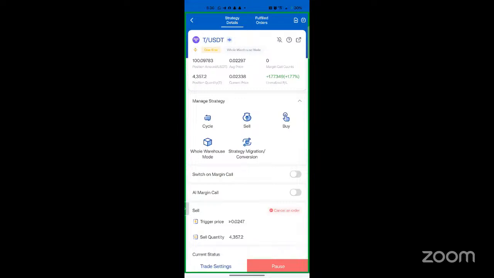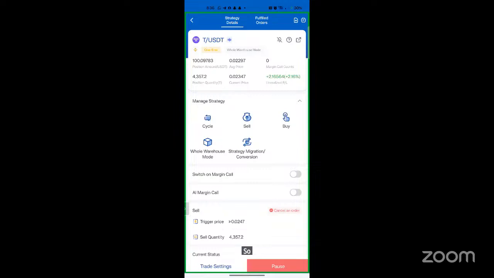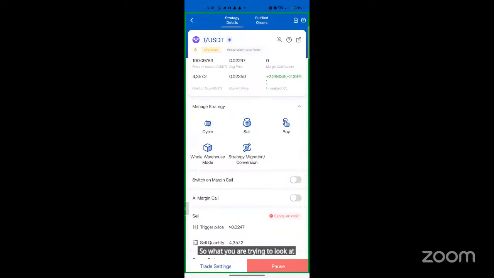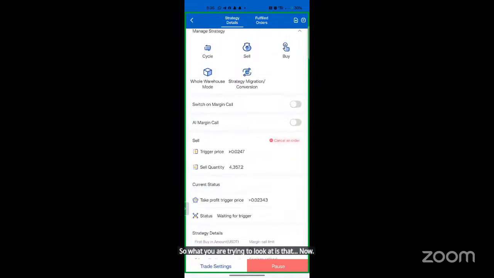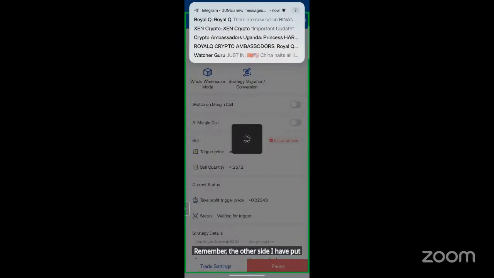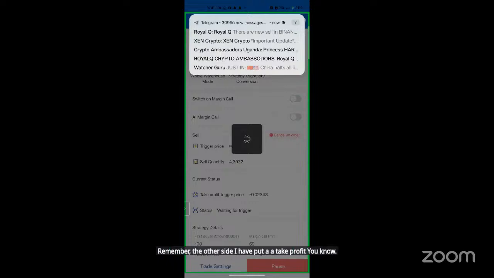You may not be able to see it in a smaller time frame, but you could be able to see it in a bigger time frame. So what you are trying to look at is that now two things will be happening. Remember, the other side, I have put a take profit. Let me repeat.